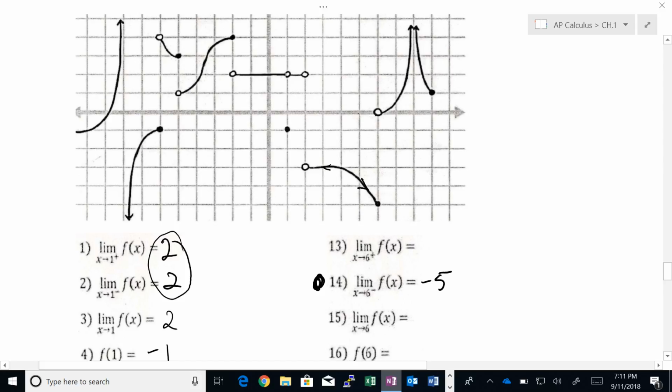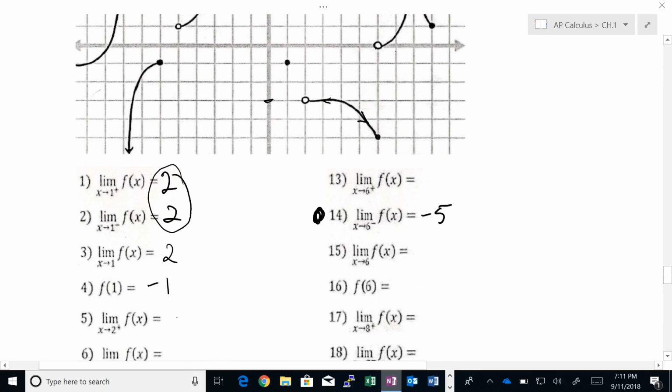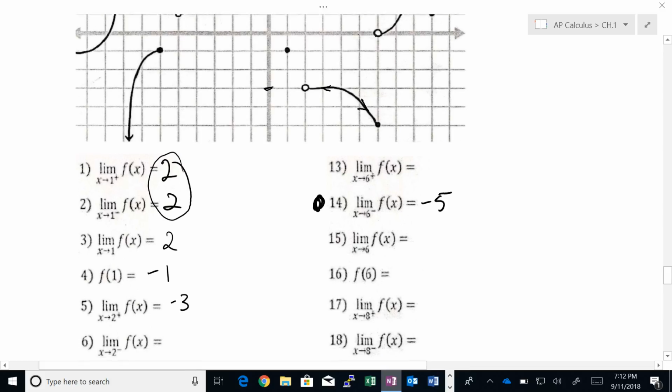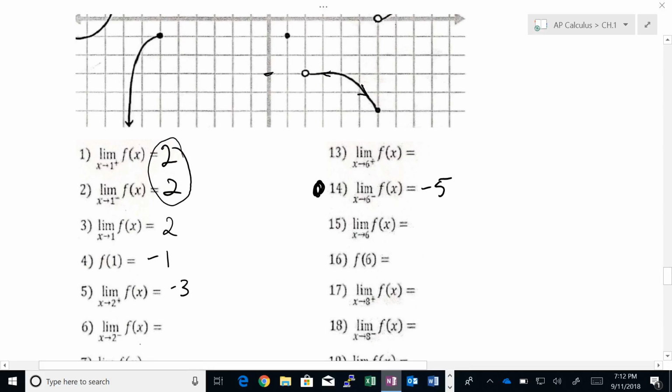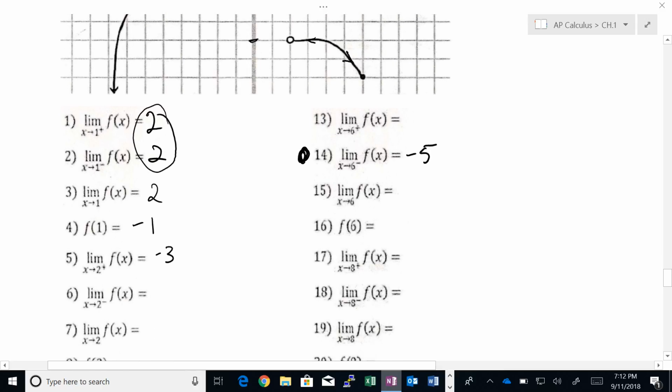It's approaching negative 3. Okay, right here. Okay. This one is going to be 2 from the left. So if you look at 2 from the left, it's approaching 2.